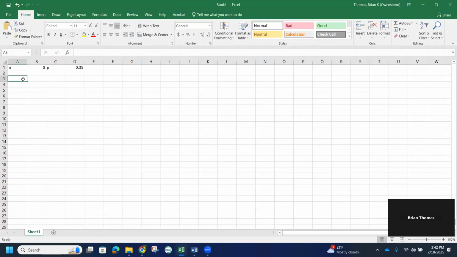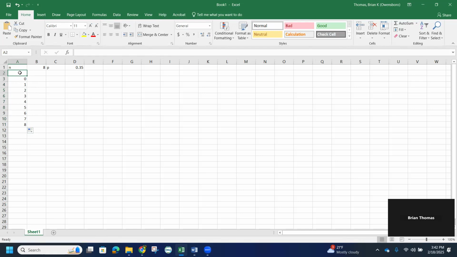Here I'm going to put 0 and 1. Now I think the shortcut is if you block these in. Oops, try that again. See how it turned that to a 0. If I highlight both of these and then drag, it should count. So we want 0 through 8. These are going to be our x's.